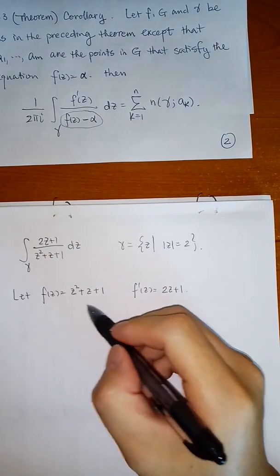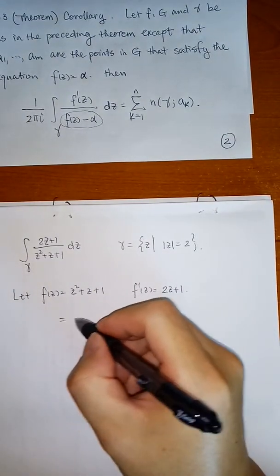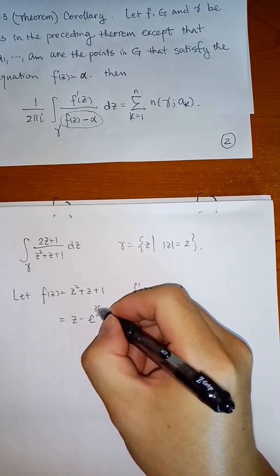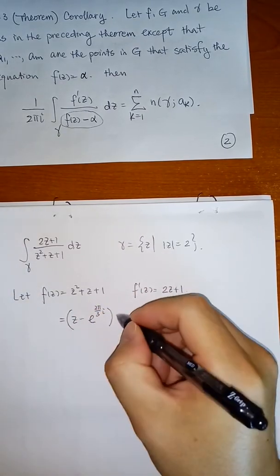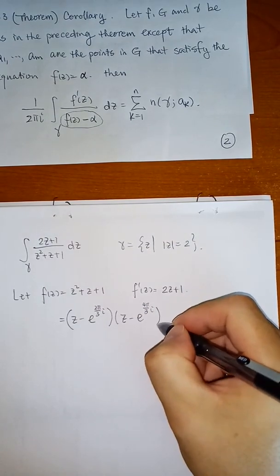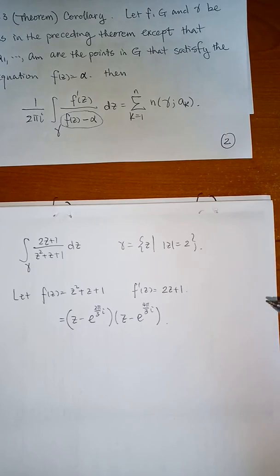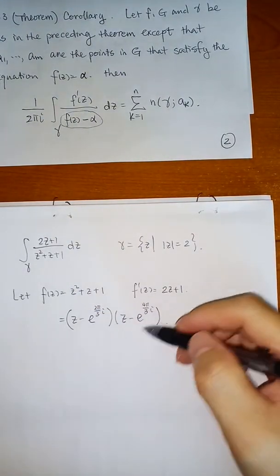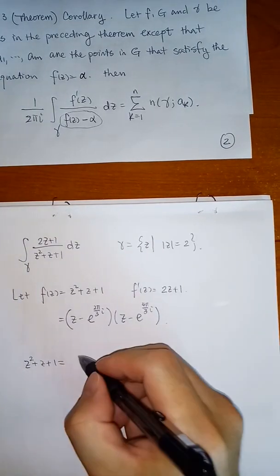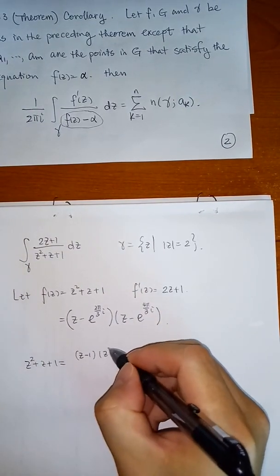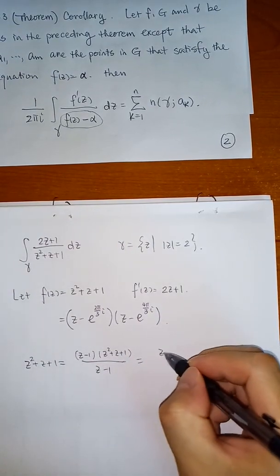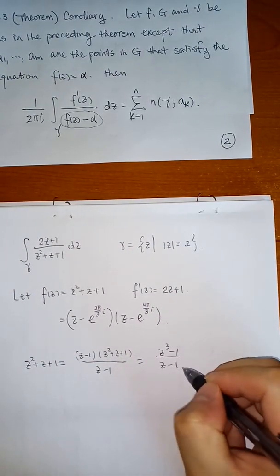And second, if you factor it, you can see it. How do we know this is this way? Z squared plus z plus 1 is z cubed minus 1 over z minus 1.